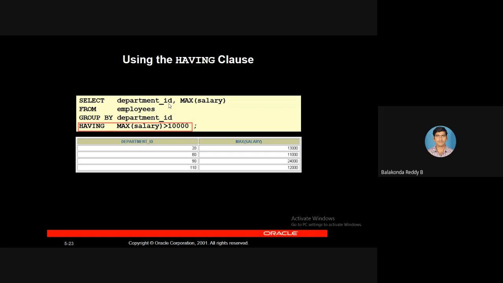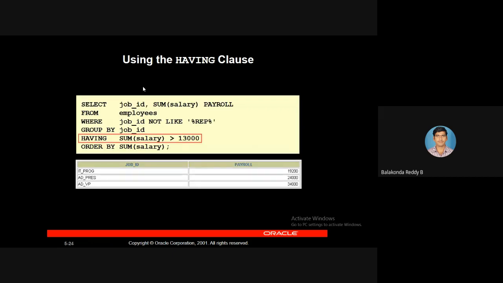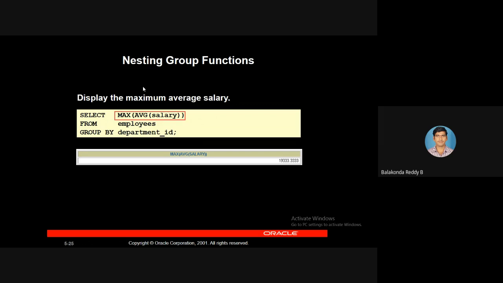Okay, what is the meaning of this query? Yes, note down this one. Write down this one also as an example.